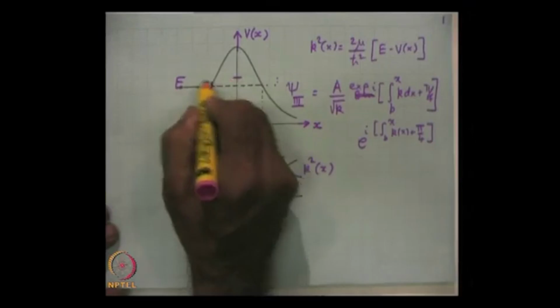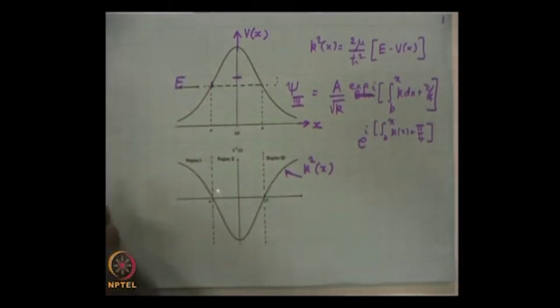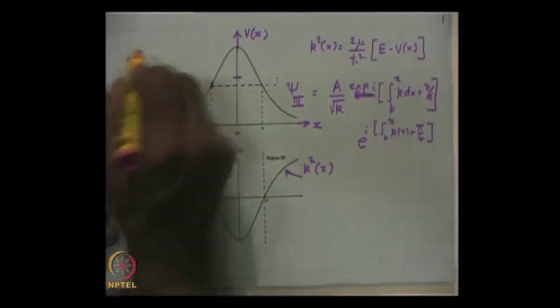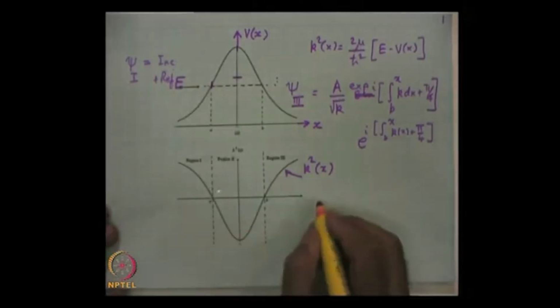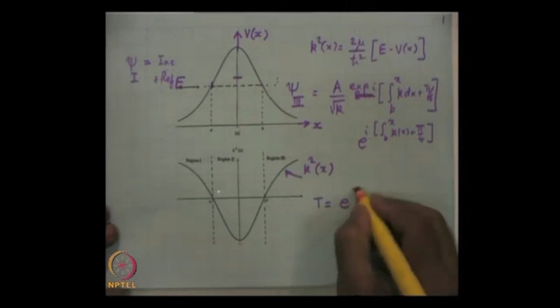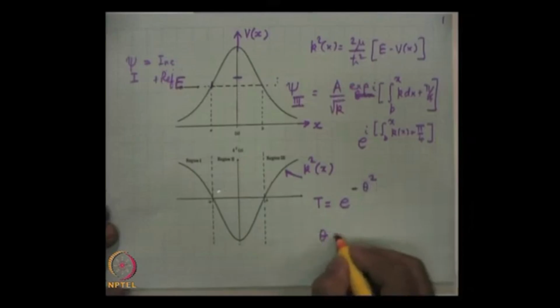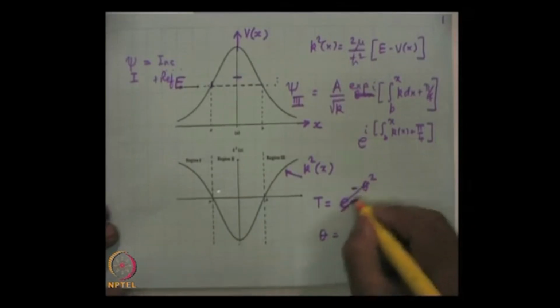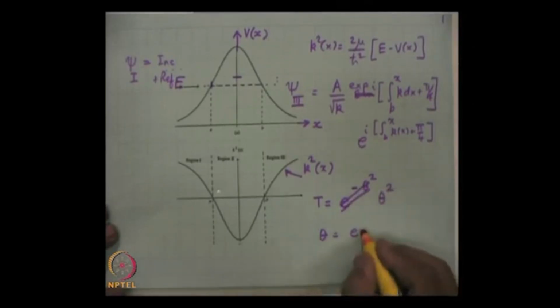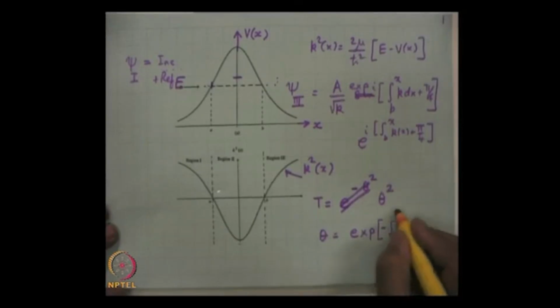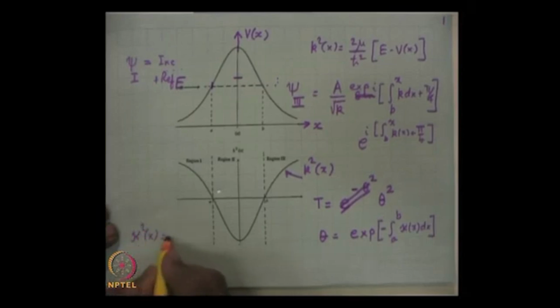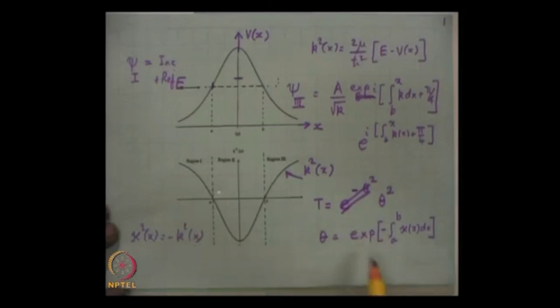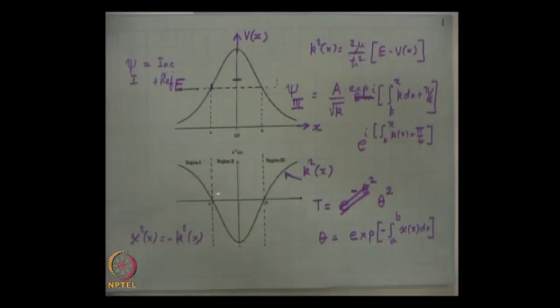When we hopped through this turning point and obtained solutions here, the solution in region 1 was expressed as an incident wave plus a reflected wave, and we compared the coefficients and found that the transmission coefficient was e to the power of minus theta square, where theta was equal to the integral from a to b of kappa of x dx, because in the region a to b, k square of x is negative, and so we defined kappa square of x, which was equal to minus k square of x, and using this relation we discussed 2-3 problems.